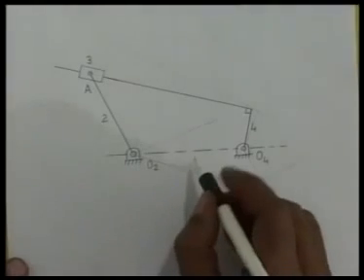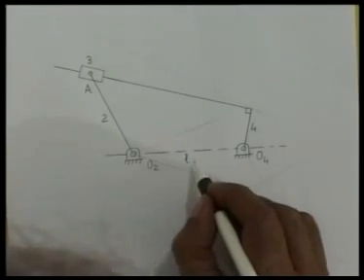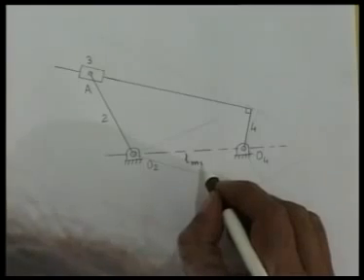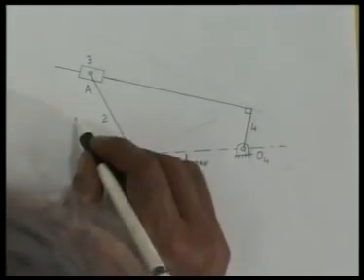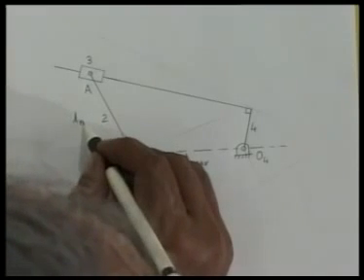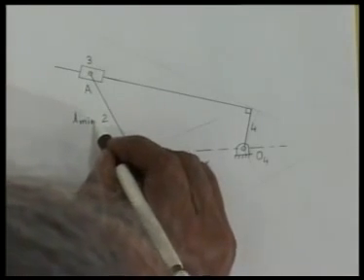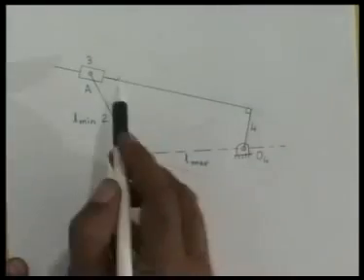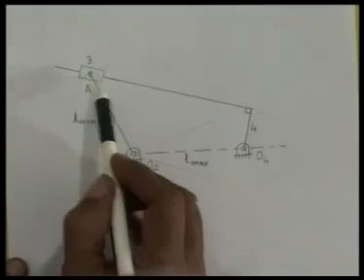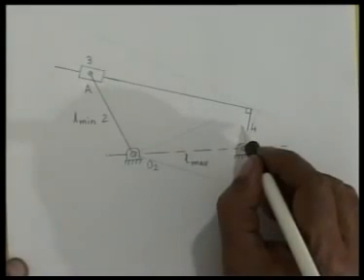This O2O4 is what we call L max, O2A is what we call L min, and the perpendicular distance of O4 from the direction of sliding passing through A is what we call the offset E.